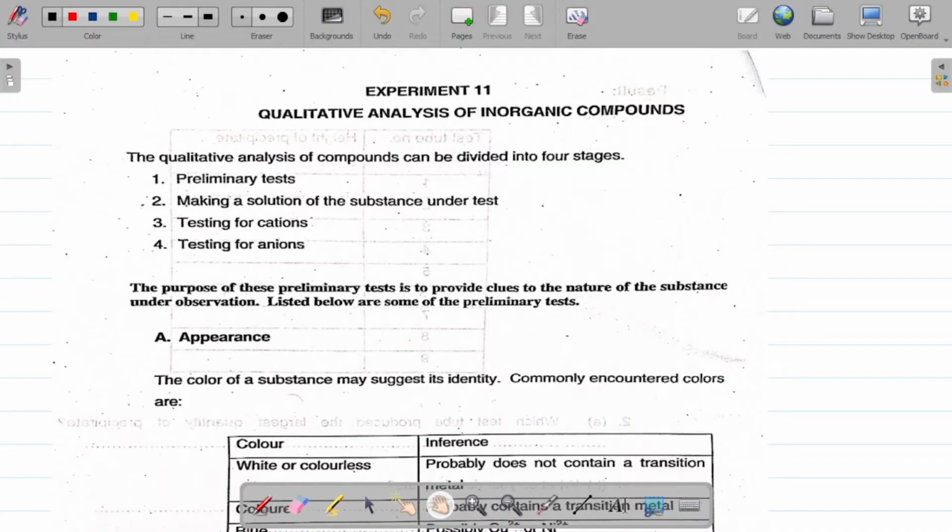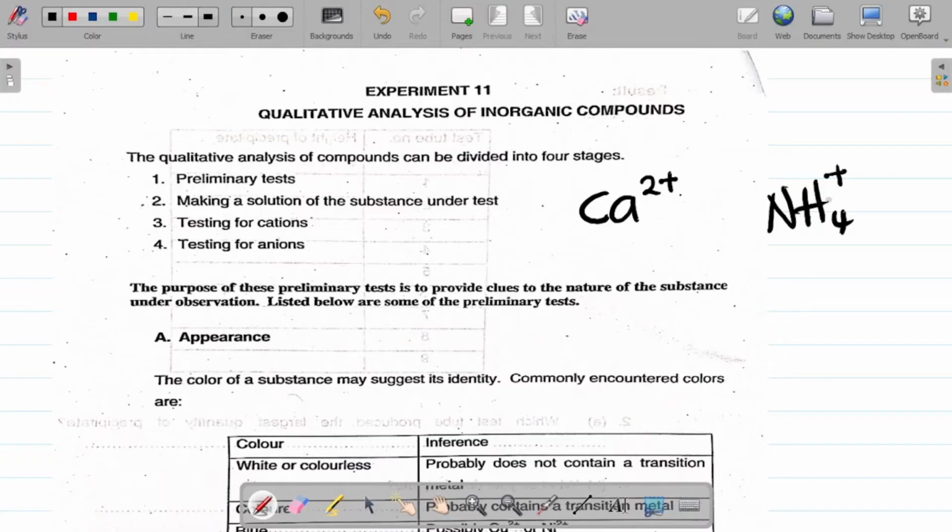Now, when we say cations, what do we mean? Cations are simply ions that have positive charges. Example: Ca2+ is a cation, because there's a positive charge attached to the element, which is calcium. Also, you have NH4+, which is the ammonium ion.